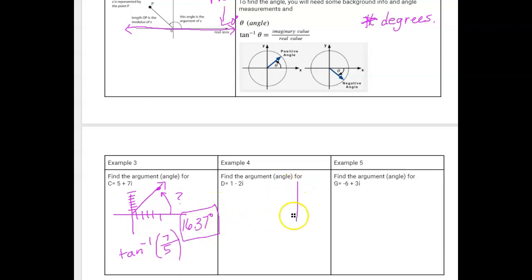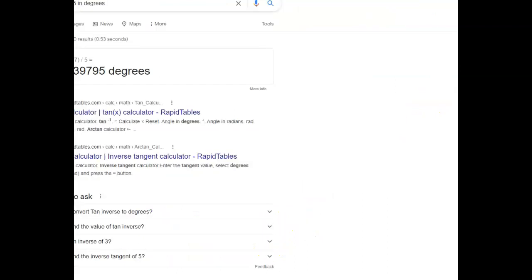So we'll do the same thing here. So 1 and then minus 2. This will be a better drawing. So we want from the start, so we went down, so it should be a negative angle. So we've got inverse tangent of the imaginary over the real. So we'll go back to my calculator.